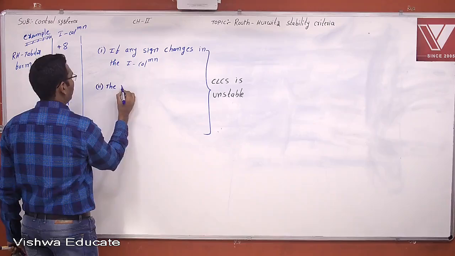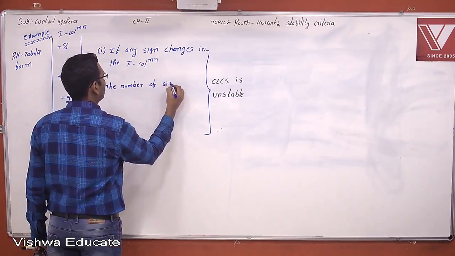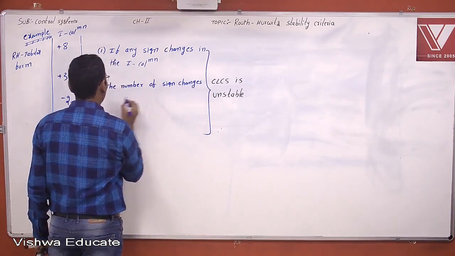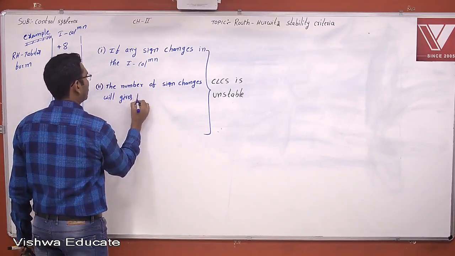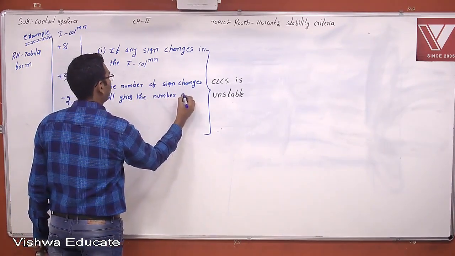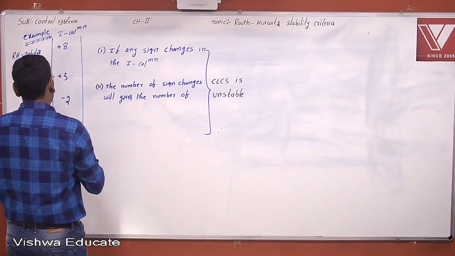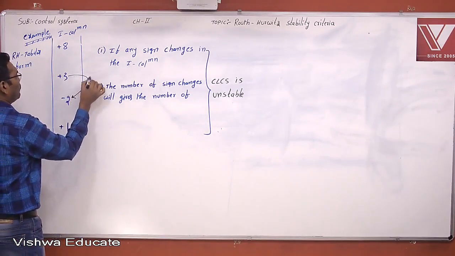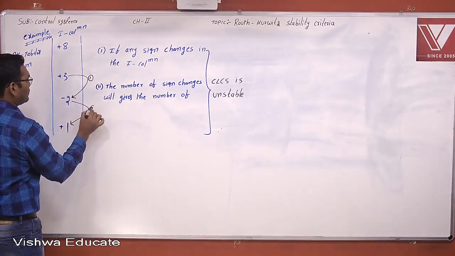The number of sign changes will give the number of... now see here, this is positive to negative, this is one sign change, negative to positive, this is another sign change.